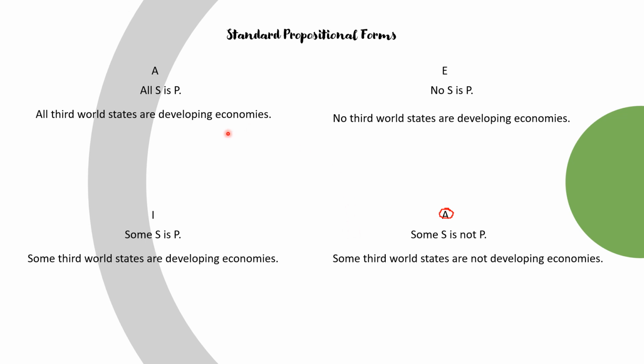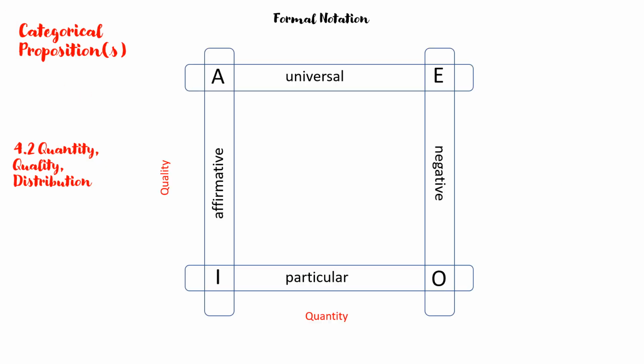Now, there's another way of reducing these statements into a more formal pattern, and this is what we can exactly find in 4.2 of the PDF. We have here a formal notation that presents not only the kinds of propositions but also their qualitative and quantitative aspects. We can see the vertical boxes, elongated boxes, and also the horizontal boxes.